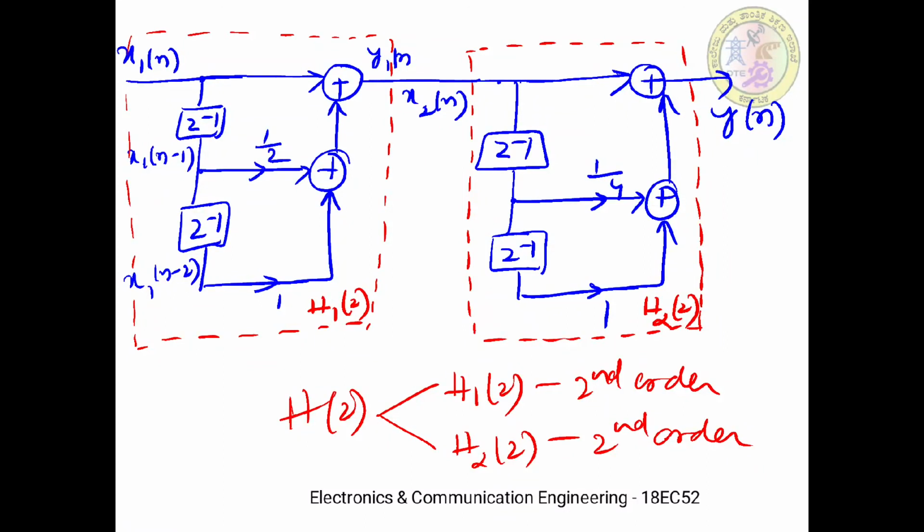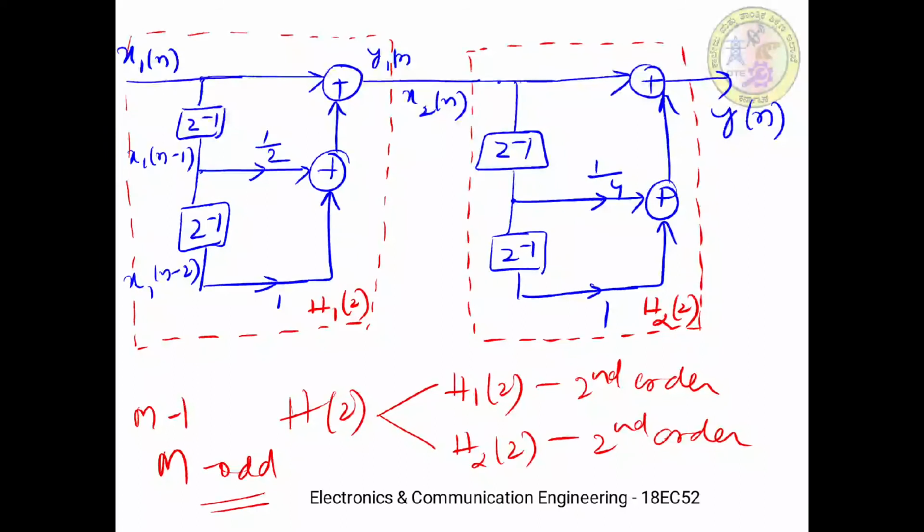It is because m is odd in this case. When m is even, we will take that in the next section. When m is odd, we get m minus 1 as even. Therefore it is possible to get the second order factors.